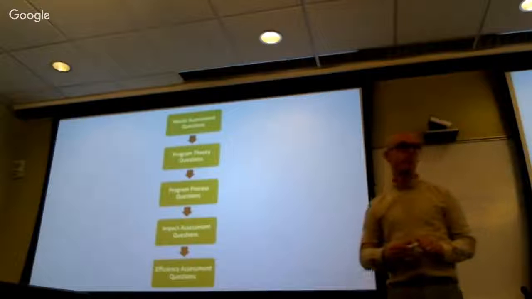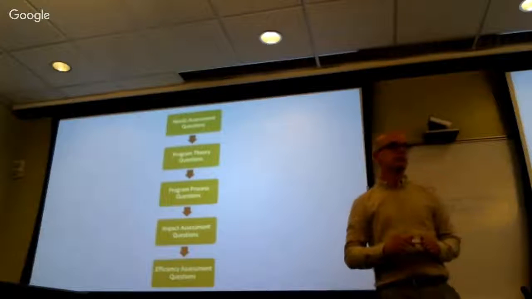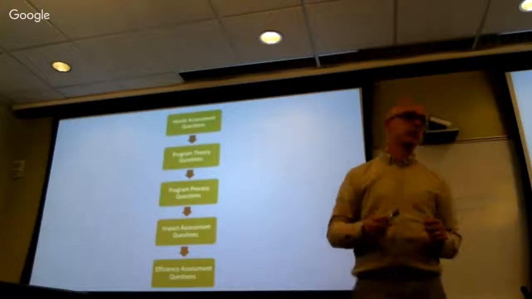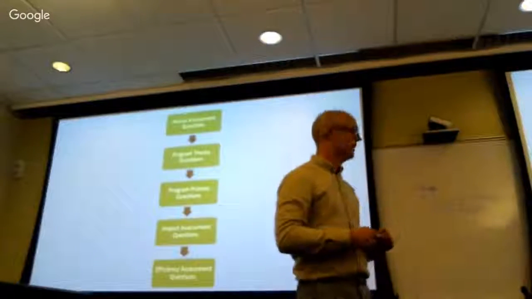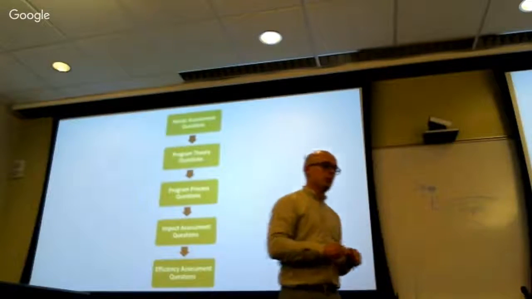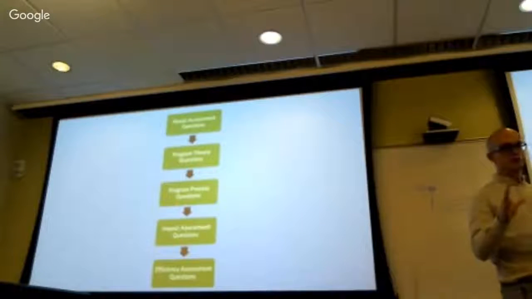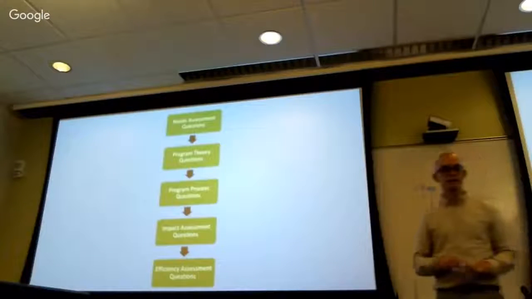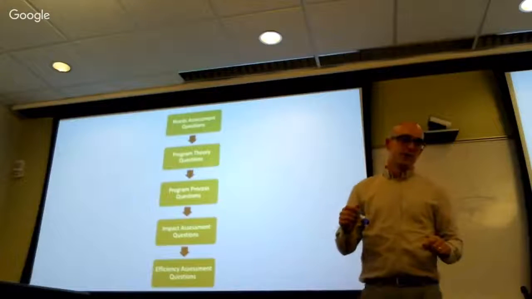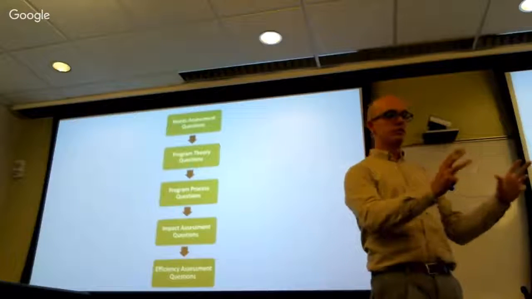Some of the good startups are really good at this, where they'll do A/B testing, right? Let's say the startup has a website, and they will do two different versions of it.